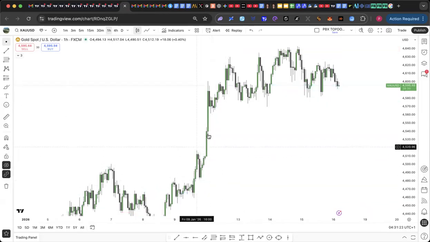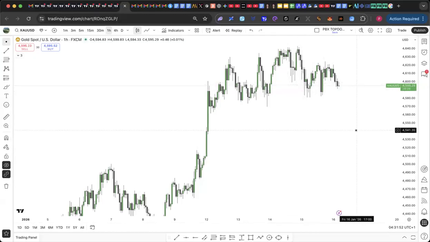We have break of structure, break of structure, break of structure, liquidity sweep, then break of structure, and equal highs. On the 1 hour time frame, we have a market structure shift.